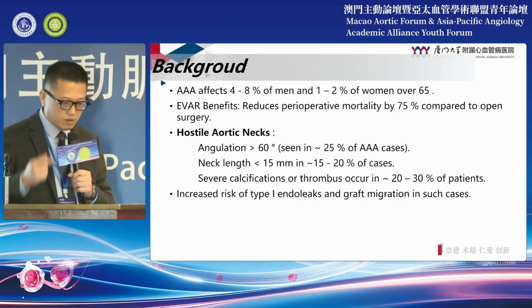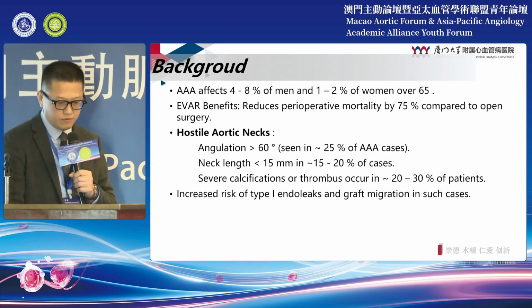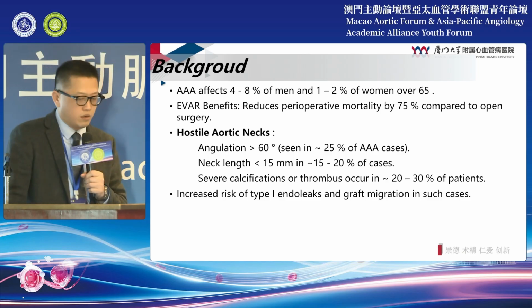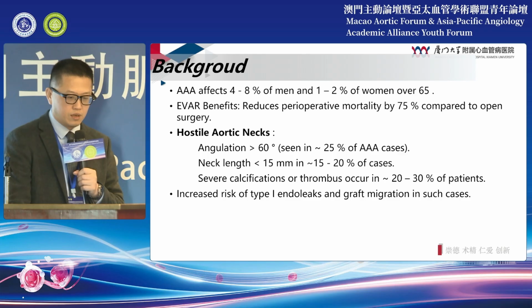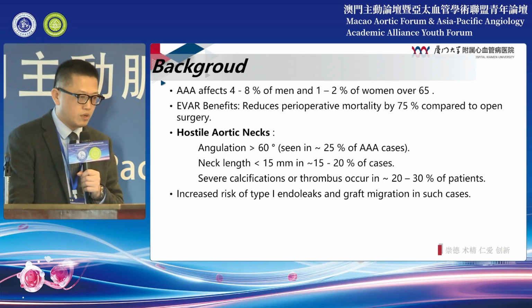And the background I will just leave it to just we need to consider about the hostile aortic neck in the EVAR, because I think it is the most difficult part in the EVAR procedure.